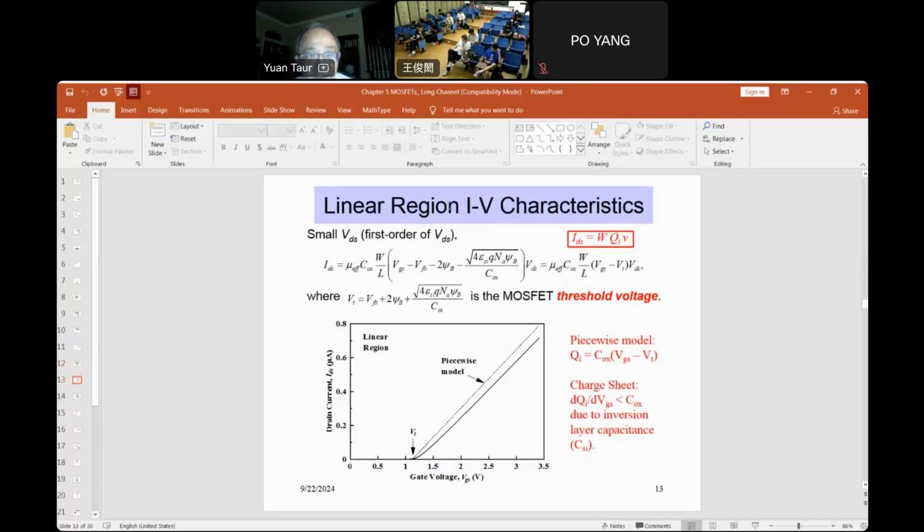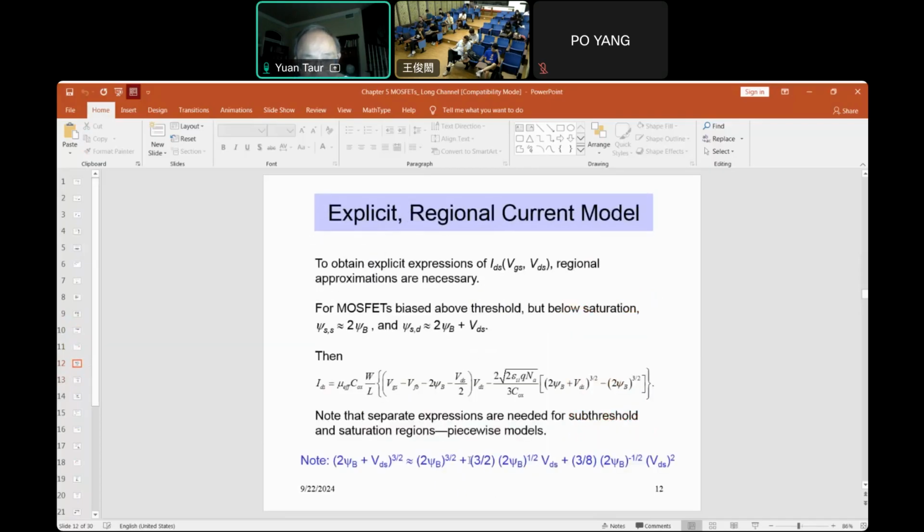Okay, so first we consider the linear region. Linear region means small VDS, so that we only consider the first order of VDS. In other words, this whole thing becomes only that one. The third term is dropped. The first term is cancelled.